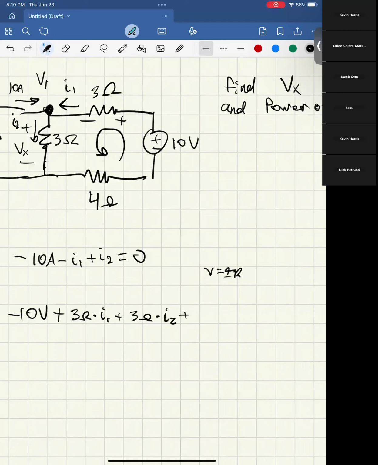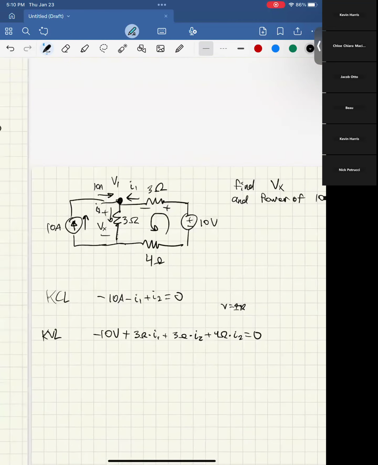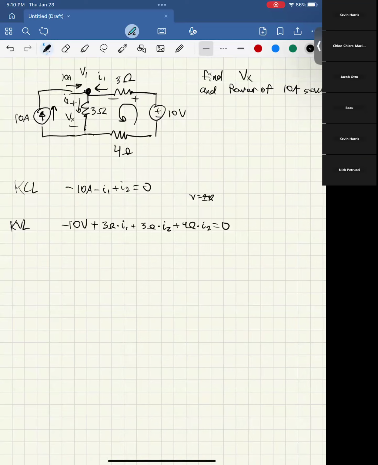And then for the final one, remember, if the I1 is here, then I1 is also here. So it would be plus 4 ohms times I2 equals 0. And so if we combine terms, we get 7I1 plus 3I2 equals 10.